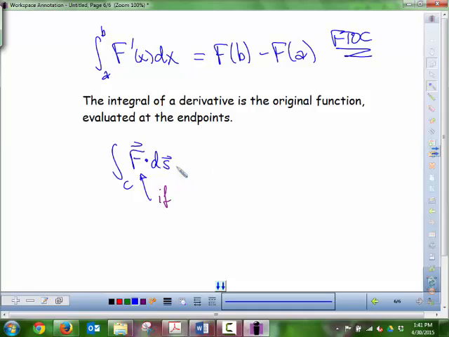Sorry. So if capital F is a gradient field, then it's a gradient of some function. Gradient, derivative, right?